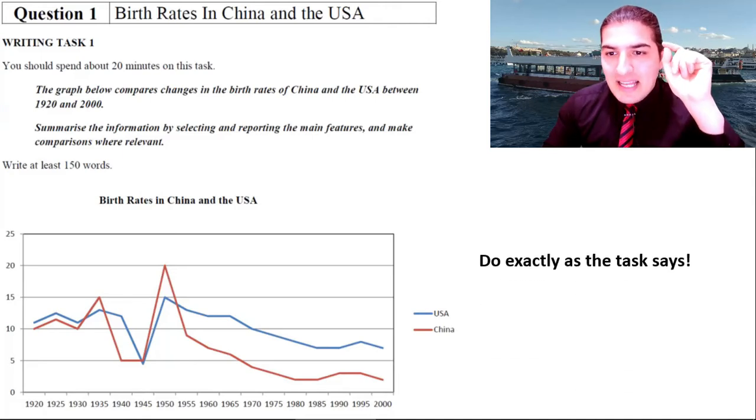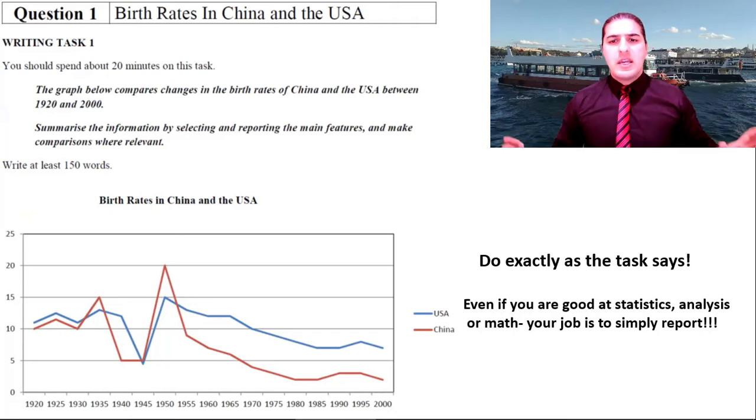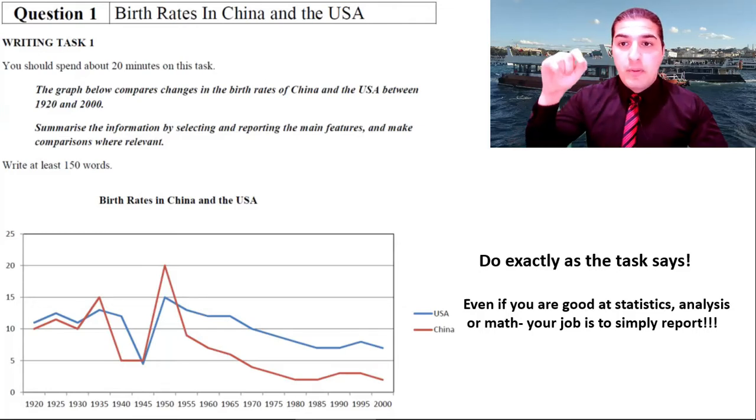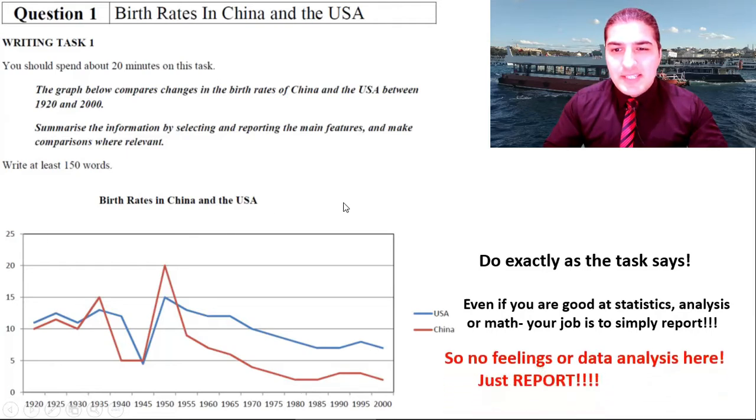Even if you're good at statistics, analysis, math, whatever it is, your job is to simply report. You don't employ your own ideas, you don't analyze anything, you just report. So here's the chart, this is the year, and this is the rates. Let's see a sample answer together.